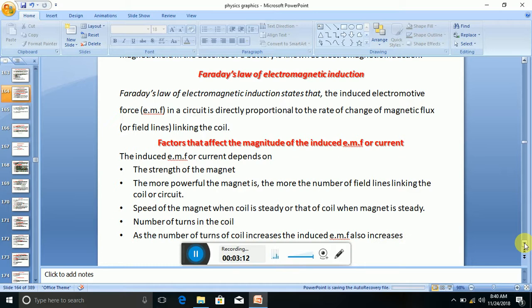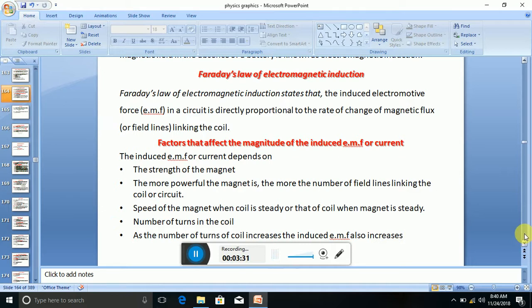Another factor is the number of turns in the coil. There has to be enough turns in the coil, and this is so because as the number of turns of the coil increases, the induced EMF also increases.